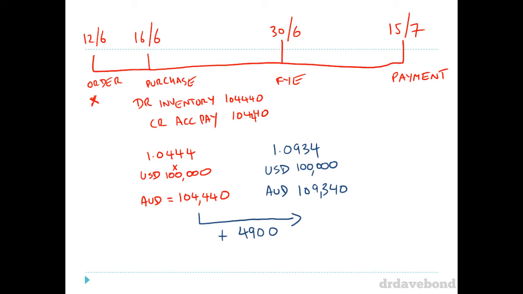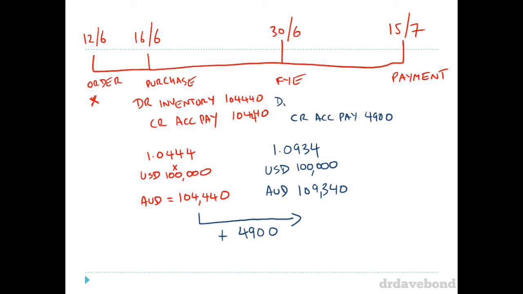So you can already see from 104,440, it's gone up by 4,900. So the liability itself has to be credited by 4,900 to pick up that difference. So we credit accounts payable 4,900. I'm going to unfortunately run out of room at this end.